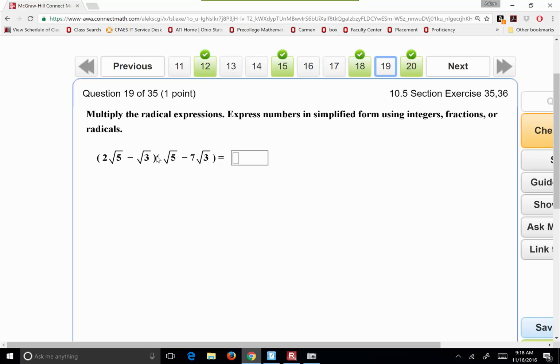They are joined together with subtraction. Subtraction times another subtraction.